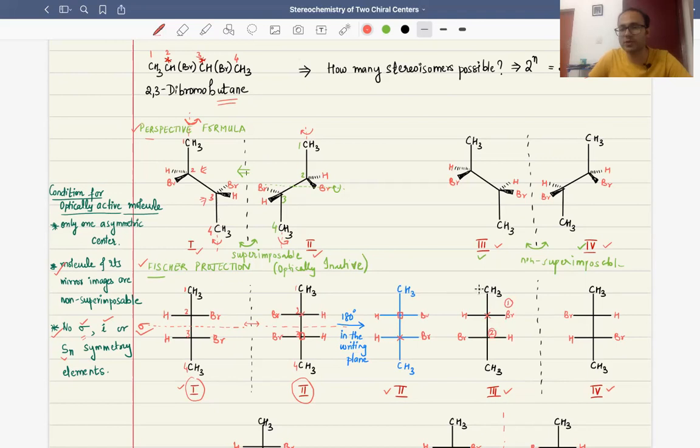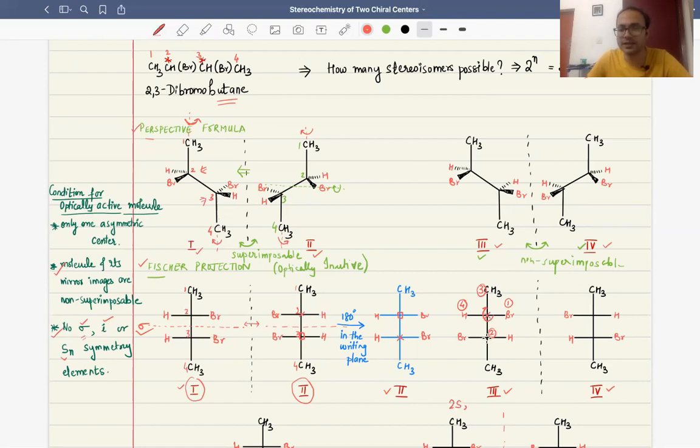Then the third would go to this particular carbon, and this would be the fourth priority. Now if I go from 1 to 2 to 3, it is in the clockwise direction, but since my lowest priority group is above the plane, it should have a configuration of S. So the second carbon has an S configuration.